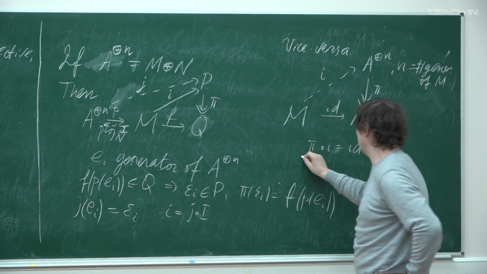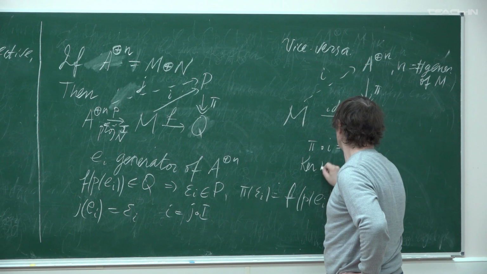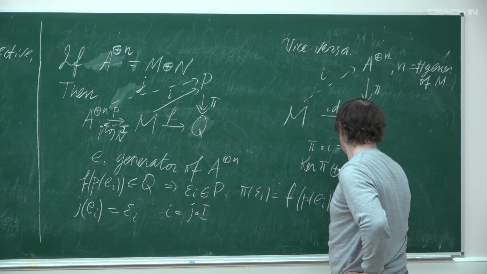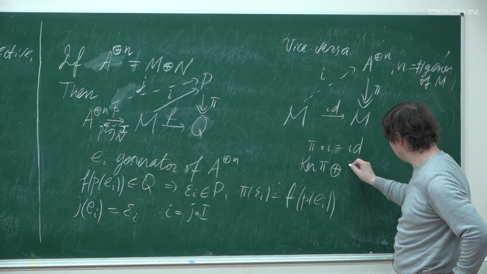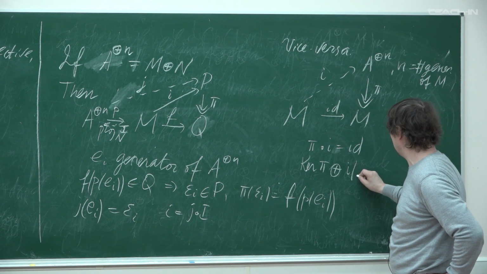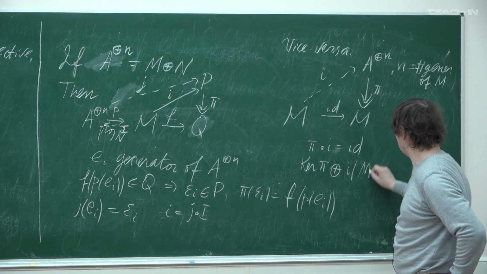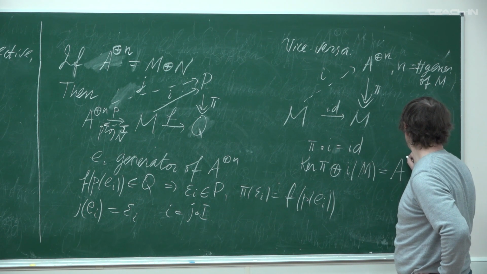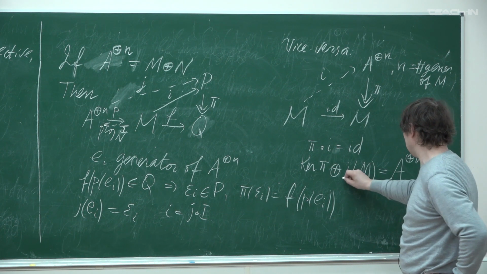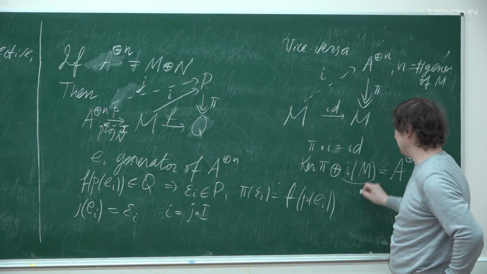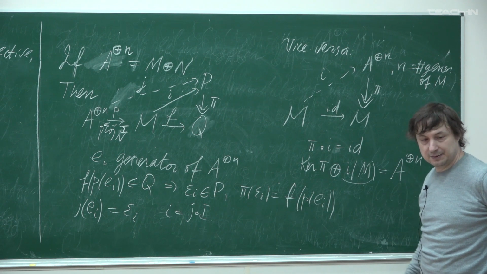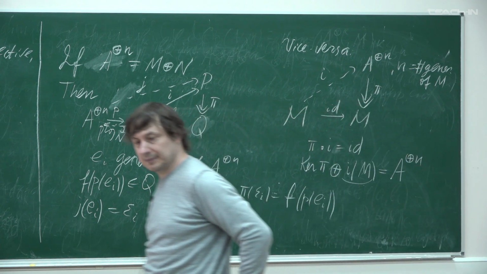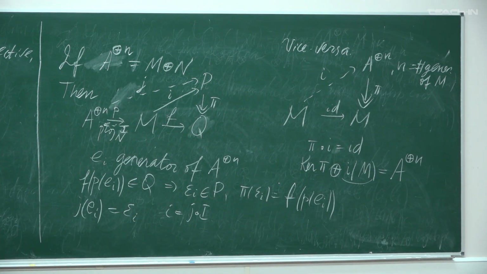Hence the kernel of pi forms a direct sum with the image of M. So we just identify the image of M and M itself, and the kernel is the second module we need. So these two notions are equivalent.